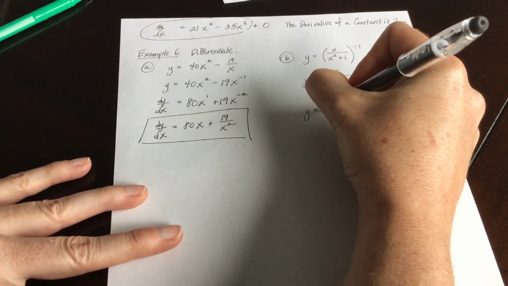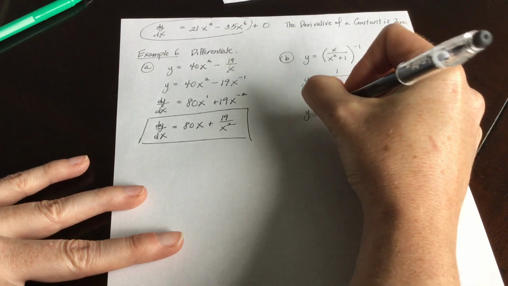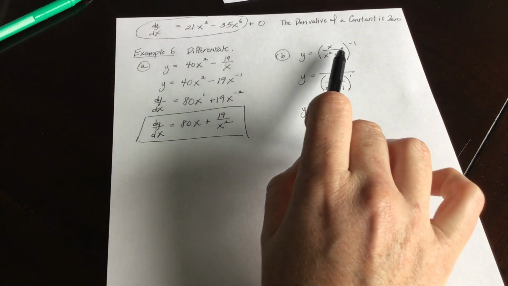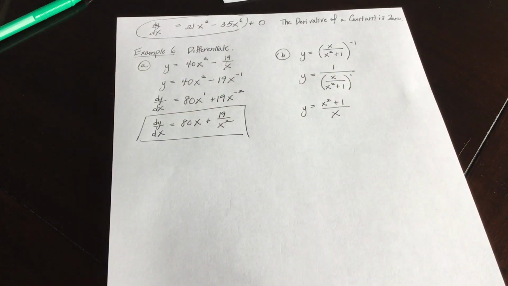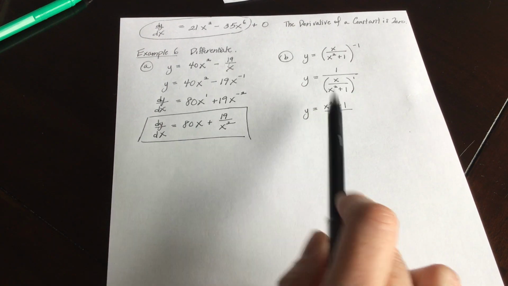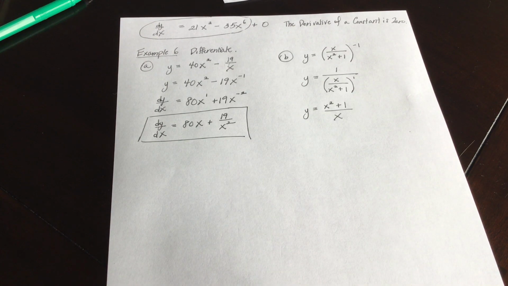So if you flip and multiply, you just get x squared plus 1 over x. So now I got rid of the composition of two functions that we don't have a rule for. But do we have a rule for one function of x divided by another one and taking the derivative of that? The answer is no, or not yet.